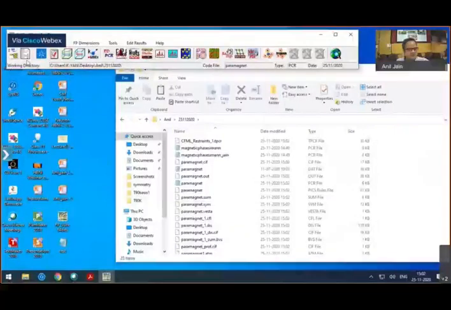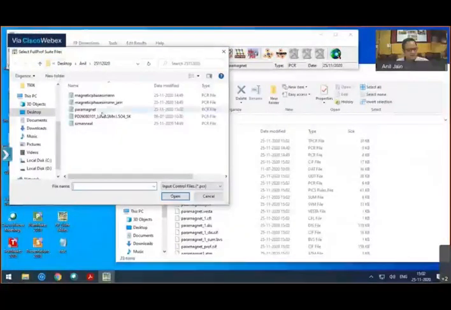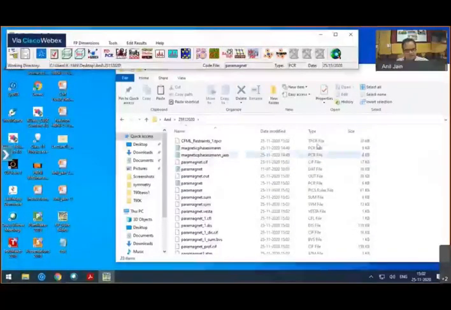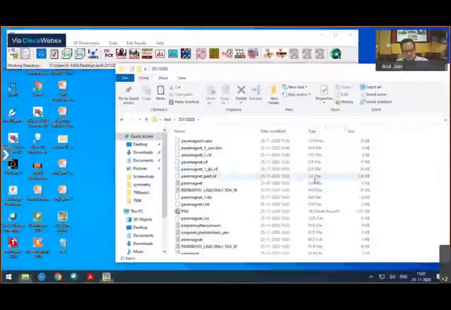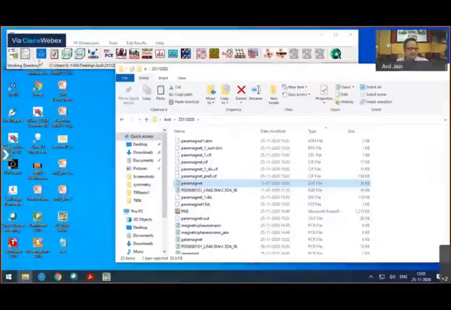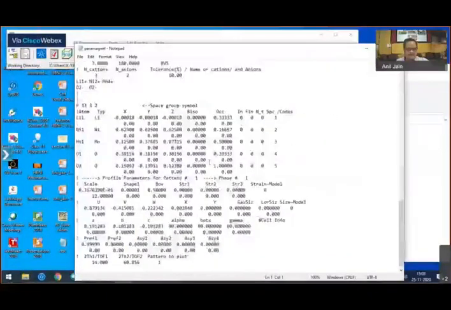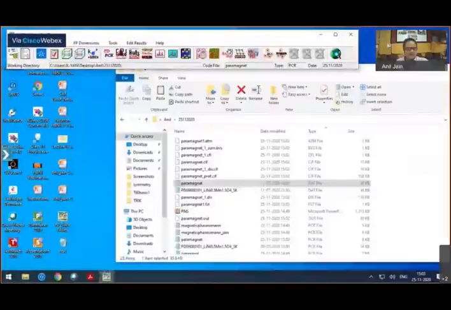Let me see from where it has run. This is the paramagnet. It has not asked me for any data file, so let's see if we have the data file in this folder. The data file also exists, so it has run this program, and now what we see is only the crystal structure part.